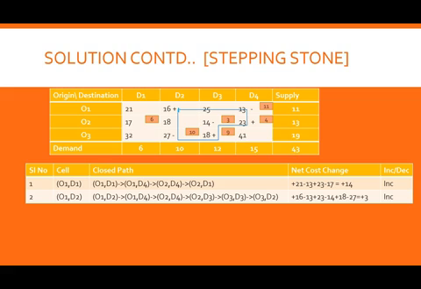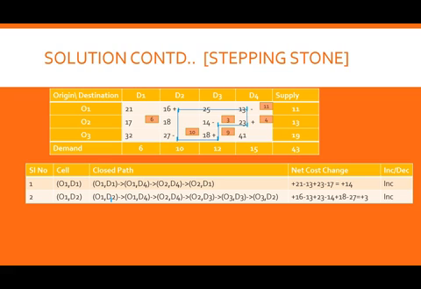So the loop that I get is O1D2 to O1D4 to O2D4 to O2D3 to O3D3 to O3D2 and back to the original position. So I get a hexagon. So put alternating signs, plus, minus, plus, minus, plus, minus.